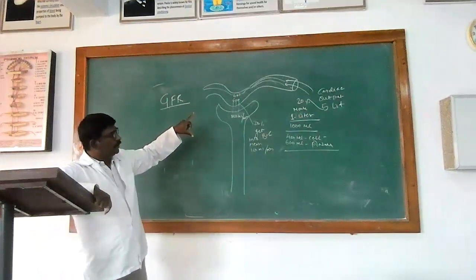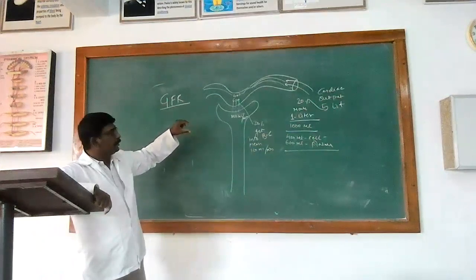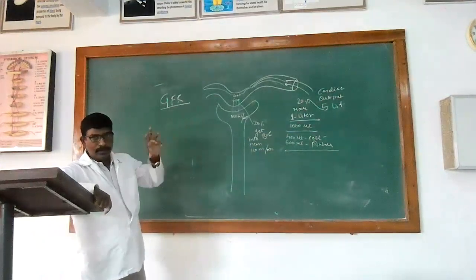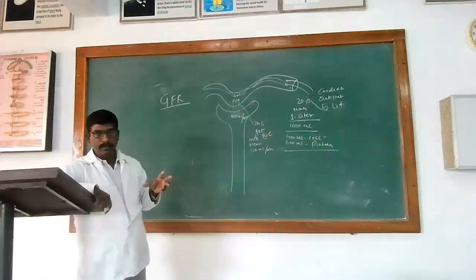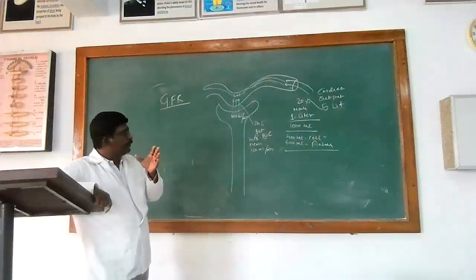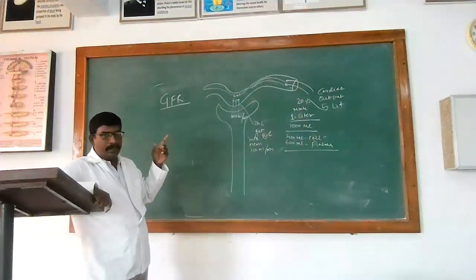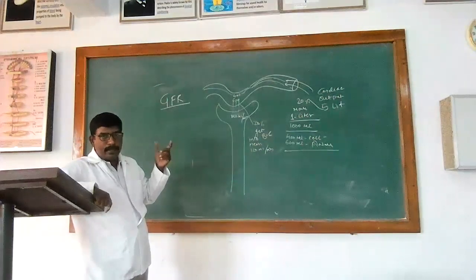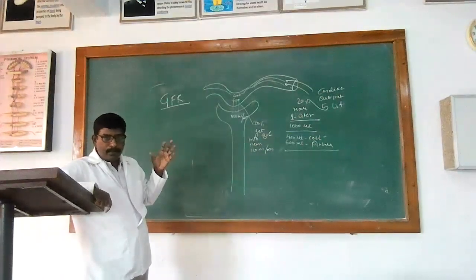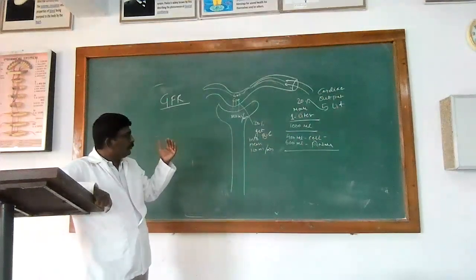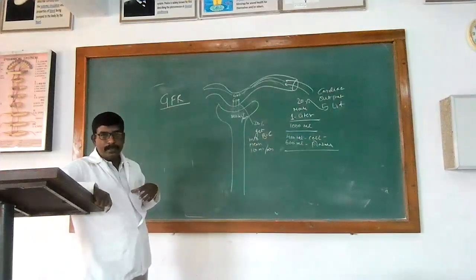And in this 1 liter, that is 1000 ml, 400 is the cells and 600 is the plasma, which is coming to the glomerular capillaries for the filtration. So 400 is the cells, 1000 minus 400 equals 600. This 600 is the plasma, and from it the glomerulus filters only 20%.